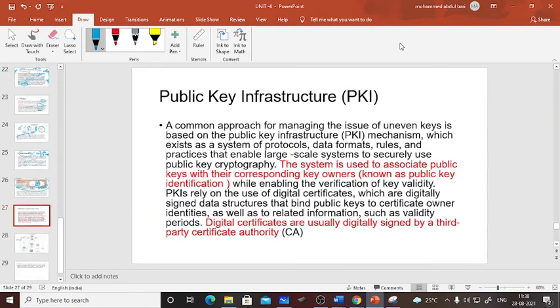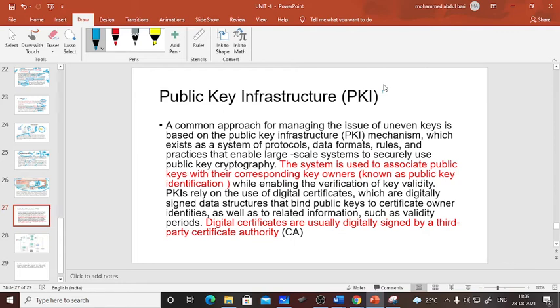The next part is public key infrastructure, PKI. What do you mean by public key infrastructure? A common approach for managing the issue of uneven keys is the public key infrastructure mechanism, which exists in the system. A public key is just a key, but it differs everywhere due to protocol, data format, rules, policies, area policies, organization policies, the country they follow, and the algorithm they follow.